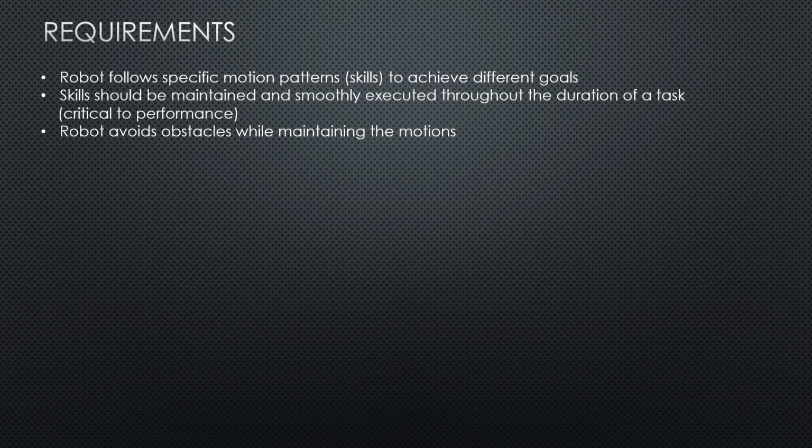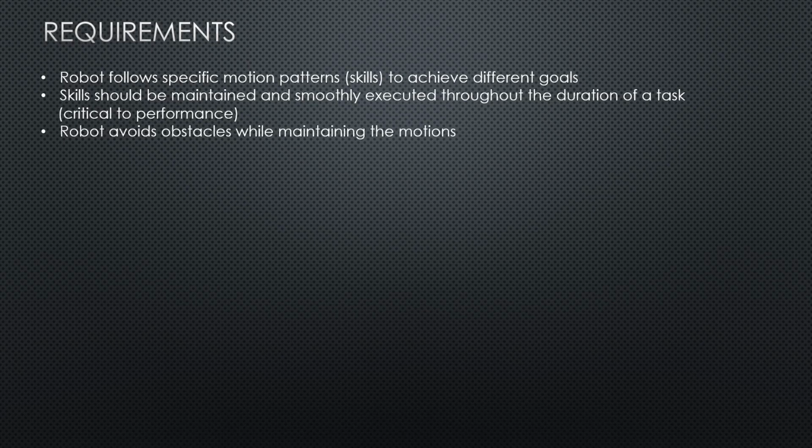There could be multiple motion patterns that need to be performed sequentially to achieve, let's say, a particular goal of wiping, welding, or any of the other tasks that were mentioned before. But the main idea is that the skills should be maintained continuously and executed smoothly throughout the duration of the task, and it is very critical to the performance and to solve the task at hand.